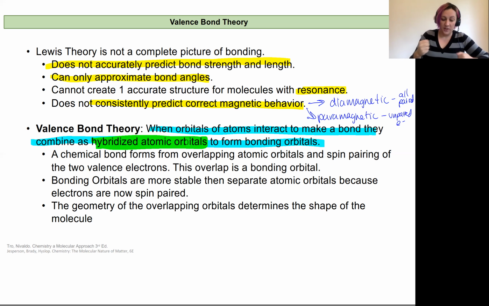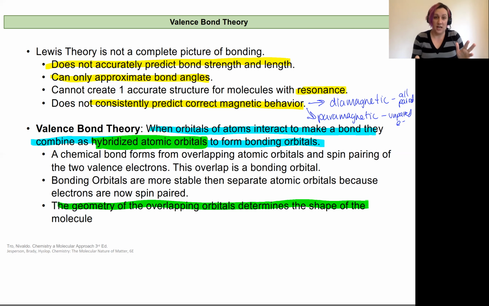And so the geometries that we observe are explained by this hybridization of atomic orbitals to build bonding orbitals. This is key because the geometry of the overlapping orbitals is what's going to determine the shape that we see in VSEPR theory, where everything tries to repel and get far apart from one another. To be able to do that, we have to hybridize our atomic orbitals to create these new bonding orbitals. And that's valence bond theory in a nutshell.